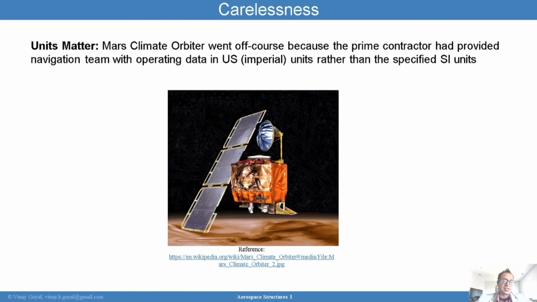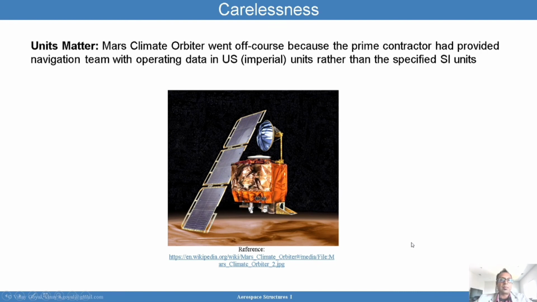Carelessness, as an example of that, is that units matter. The Mars Climate Orbiter went off course because the prime contractor had provided the navigation team with operating data in US imperial units rather than the specified SI units. I refer you to this Wikipedia article that goes into those details.